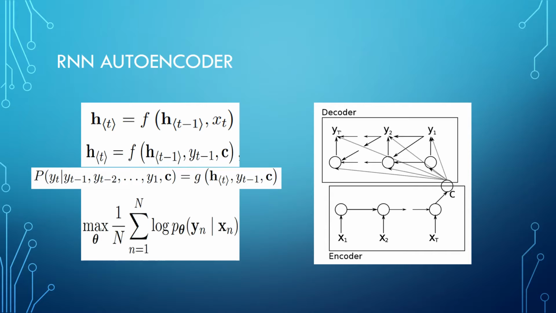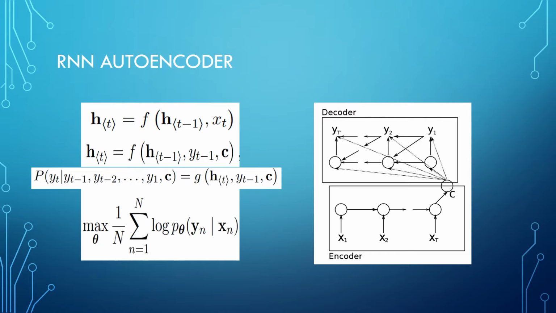The next symbol is thereby calculated using the probability of yt given yt minus 1, yt minus 2, down to y1 and c, which equals g, another function, of ht, yt minus 1, c. F and g are both the activation functions that I use in my code.